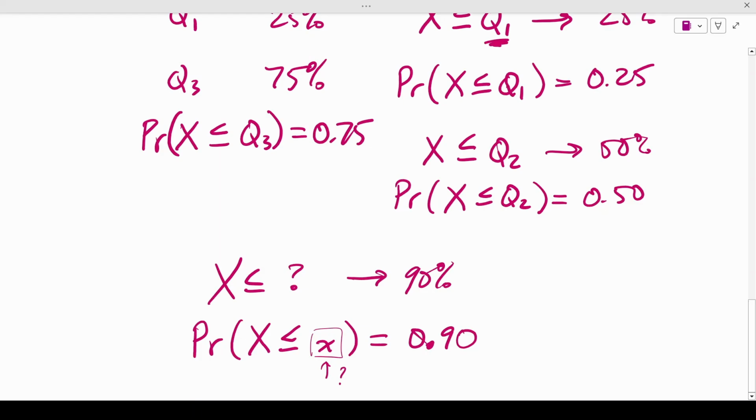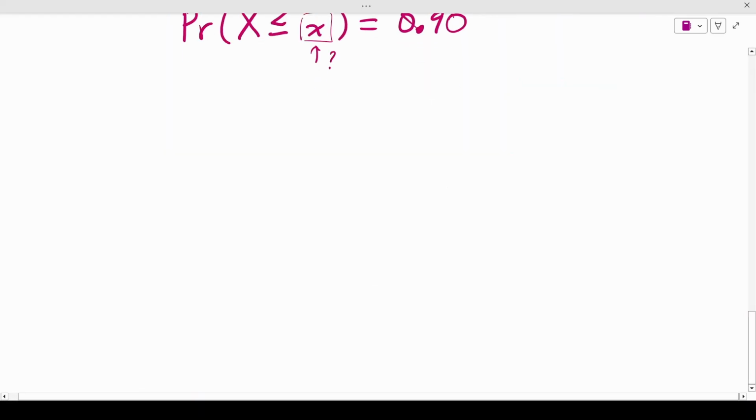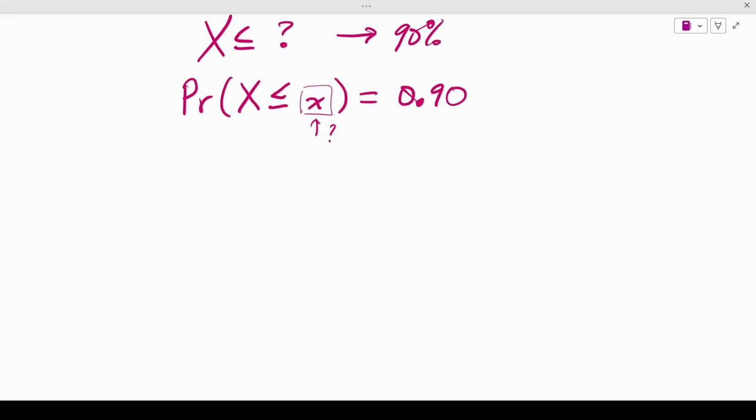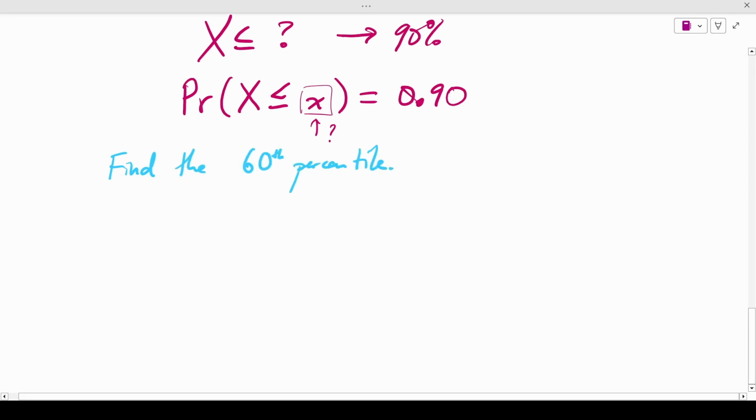And we can get that from the cumulative frequency. So let's just do a couple of examples. Let's suppose with the data that we have, we want to know the 30th, no, I already did 30. How about the 60th percentile? Find the 60th percentile of this data.